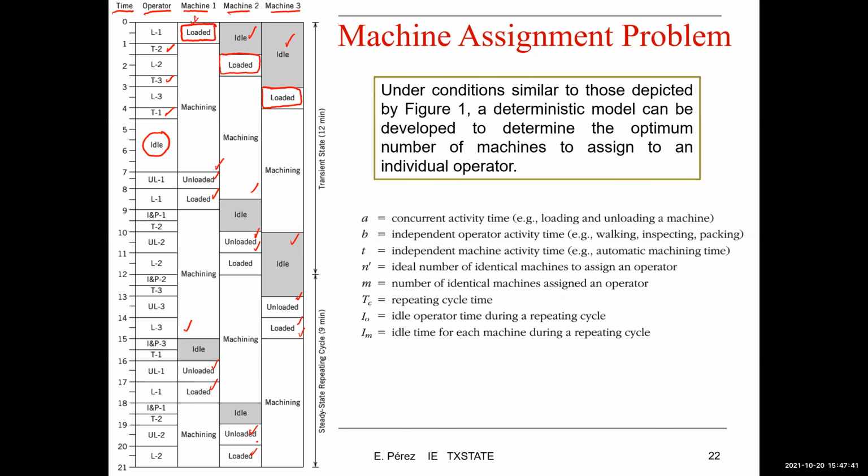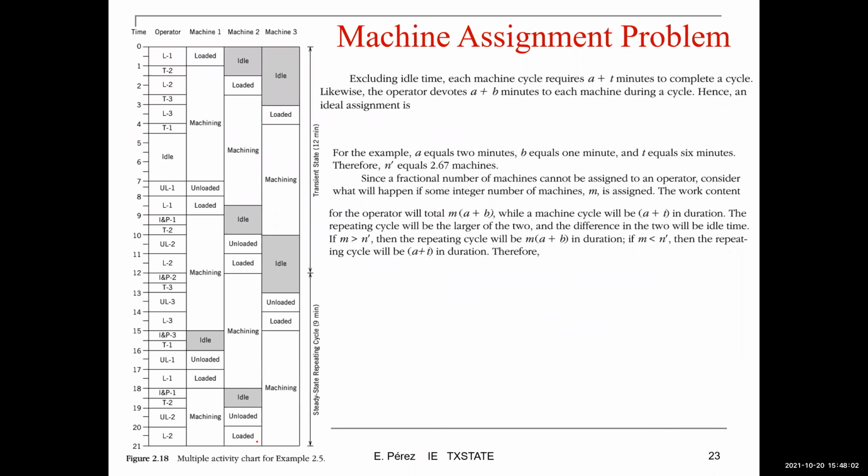TC is the repeating cycle time. IO is the idle operator time during a repeated cycle. And IM is the idle time for each machine during a repeating cycle. So having a figure like this one can help us identify those values. Excluding idle time, each machine requires A plus T minutes to complete a cycle.